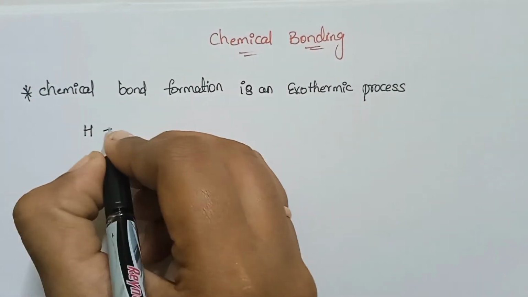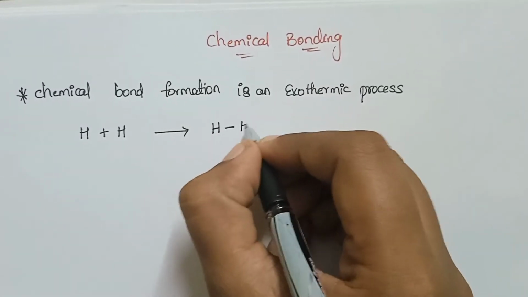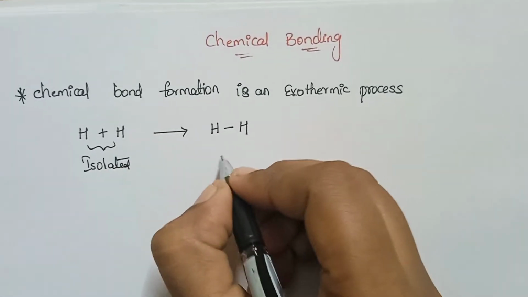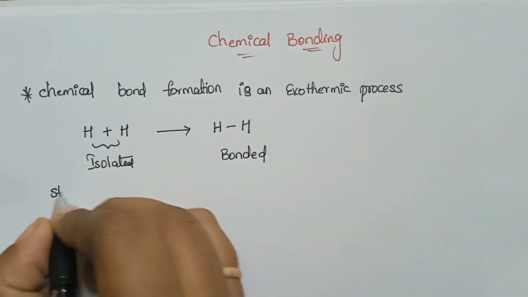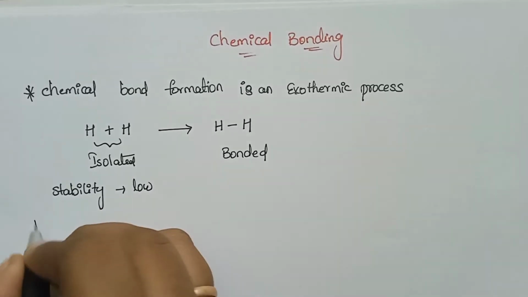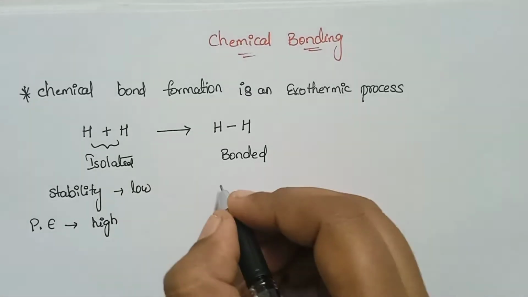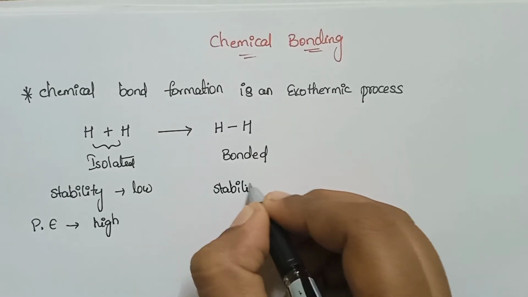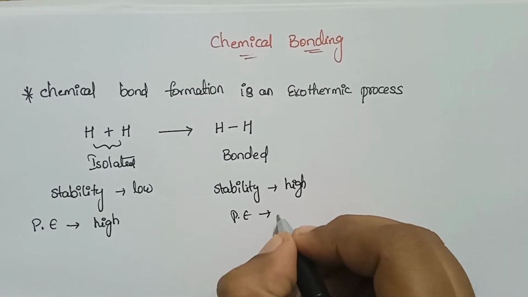So for example, H plus H forms H bond H. One is isolated and one is bonded. In the isolated state, stability is low and the potential energy is high, and in the bonded one, the stability is high and potential energy is low.